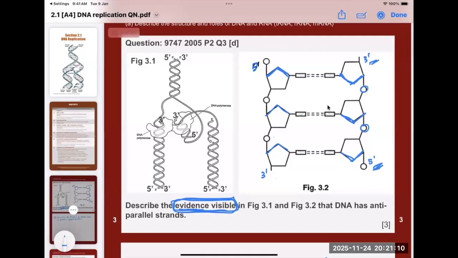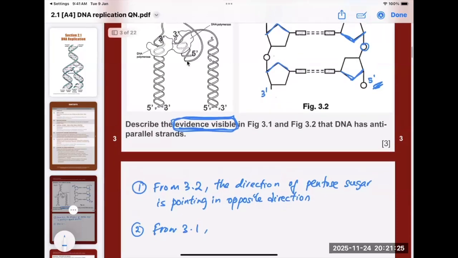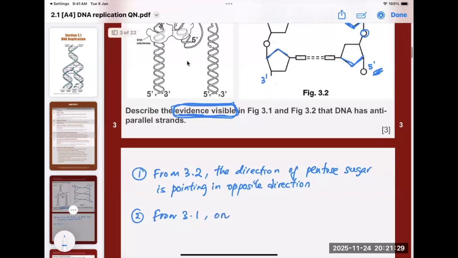Then from the other side, what did you see here? From 3.1, what do you see? That the two strands, one strand is running in 5 prime to 3 prime direction.